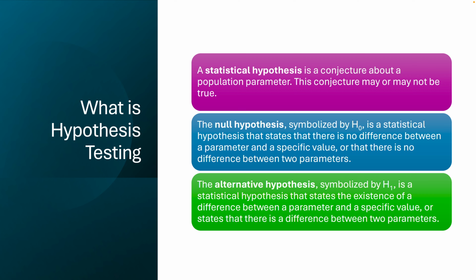So the null hypothesis says there is no difference between a specific value and a parameter, or in a two population case we may consider that the two parameters do not have any difference.